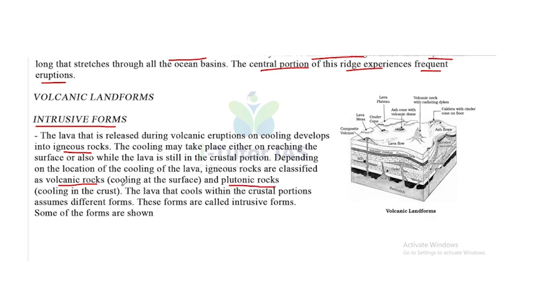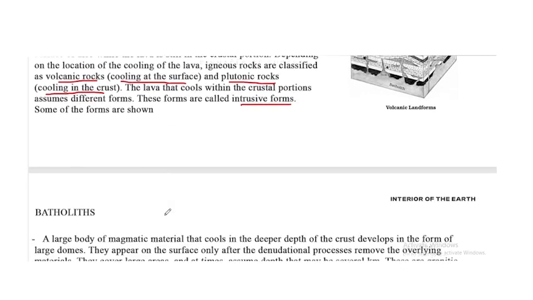If it is cooling at the surface, it is called volcanic rock. If it is cooling in the crust, that is called plutonic rock. The lava that cools within the crustal portion assumes different forms. These forms are called intrusive forms. Now let's look at some of the intrusive forms.